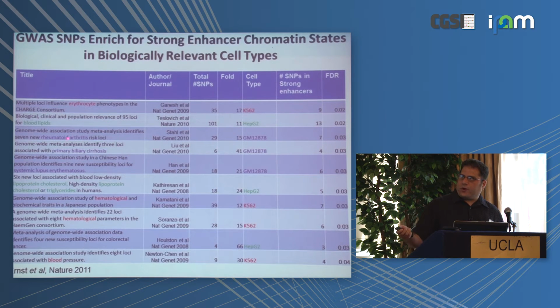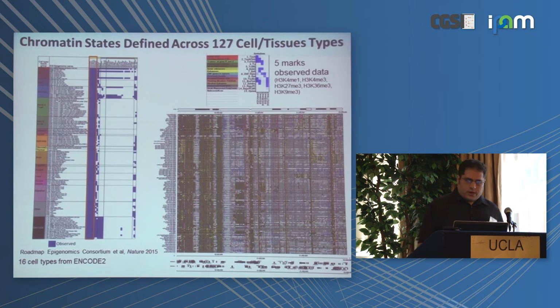For example, we saw studies looking at immune-related diseases in our lymphoblastoid cell type. We saw things looking at cholesterol and lipids associated with HepG2, which is a liver-related cell type, and then the erythrocytes with the K562 study. So that was all in 9 cell types.